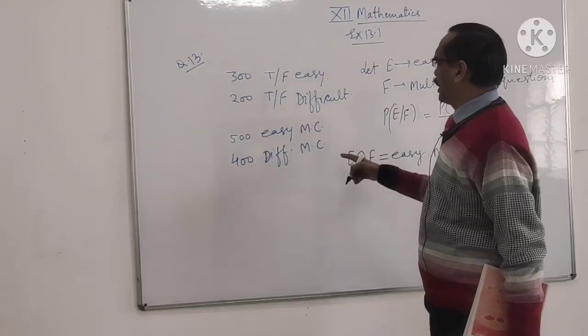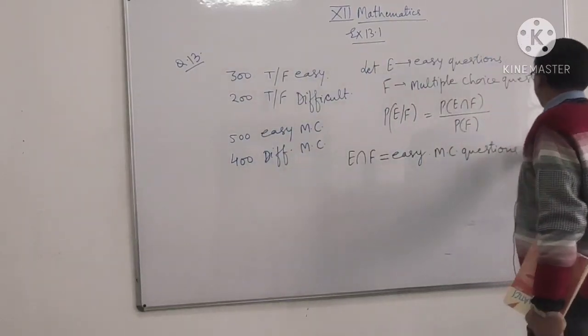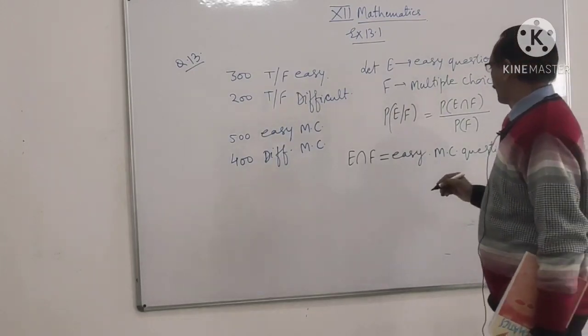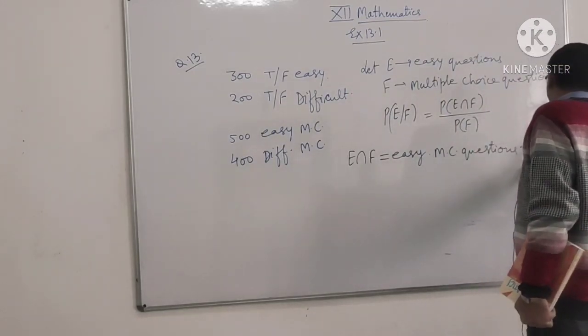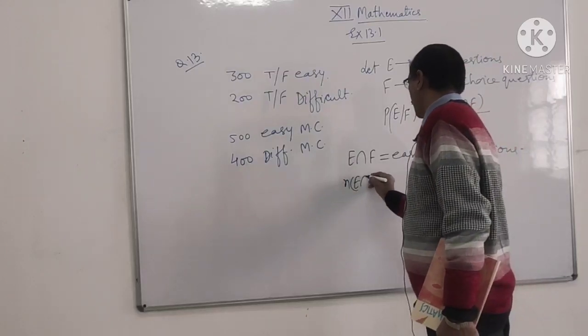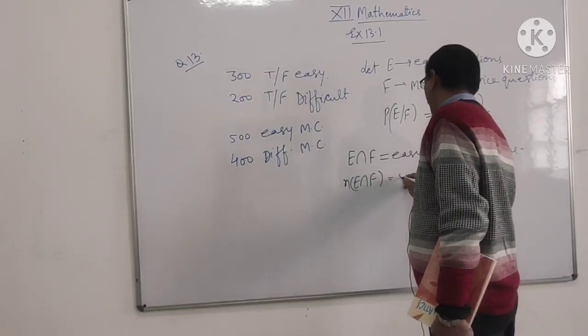So these are 500. We will write n(E intersection F) equal to 500.